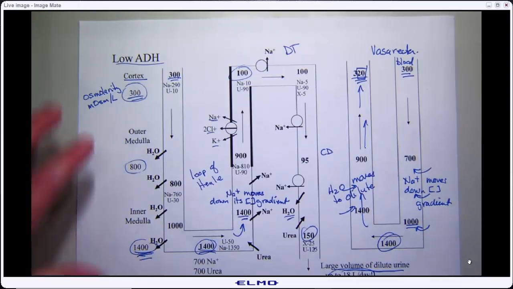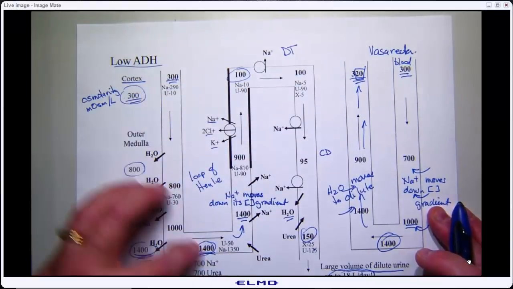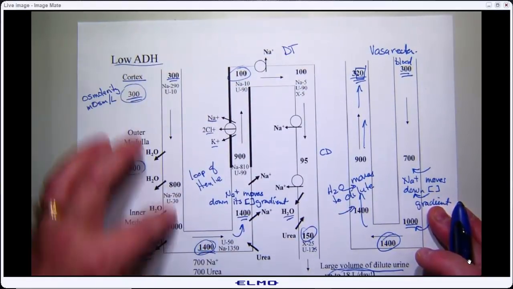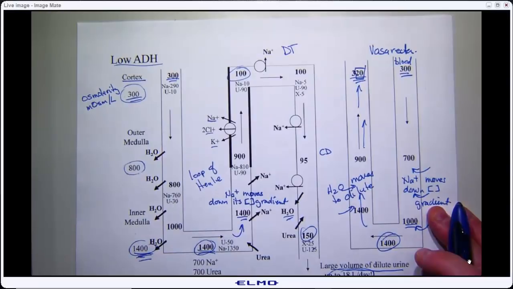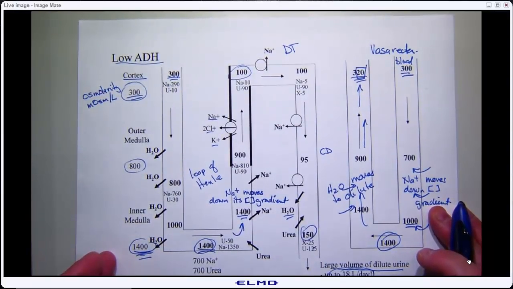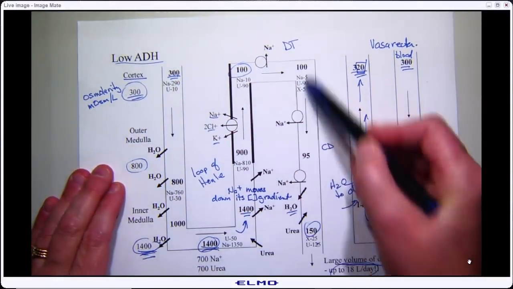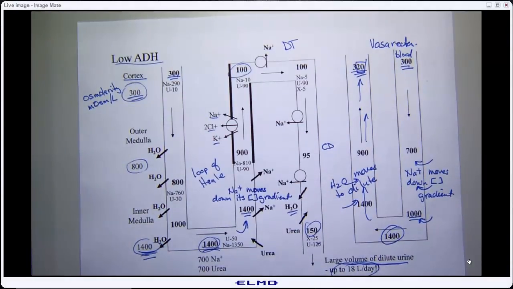We then talked a little bit about how the physics of a loop, especially this bit right here, actually makes this gradient, and the physics of this loop can then change this gradient, okay? Because we have talked about ADH, vasopressin, and how we already know that that's going to make this part of the tubule, distal tubule and the collecting duct, more permeable to water.